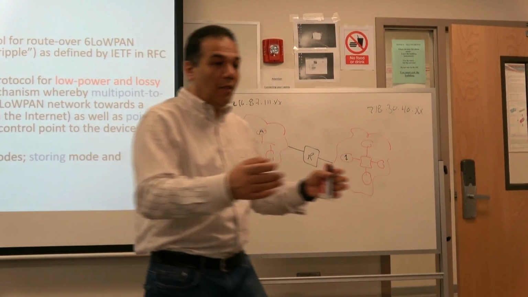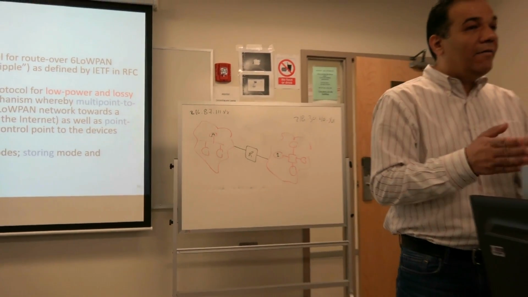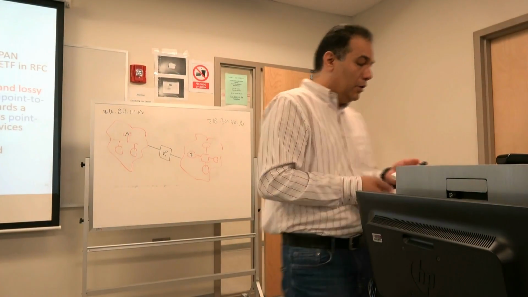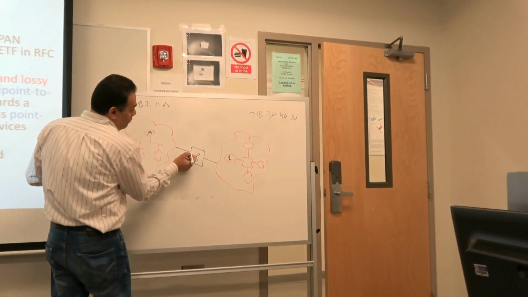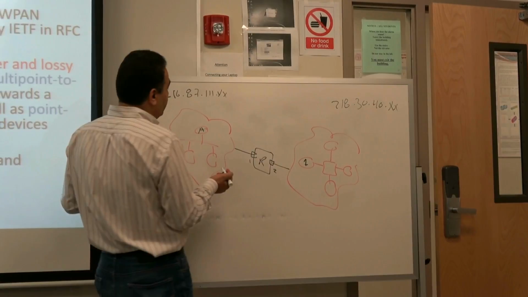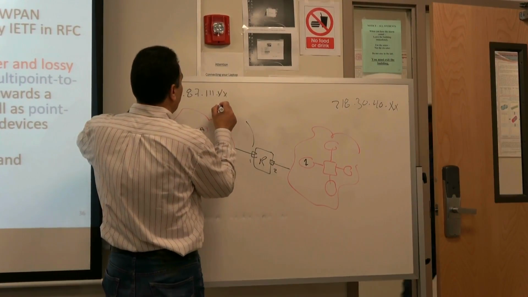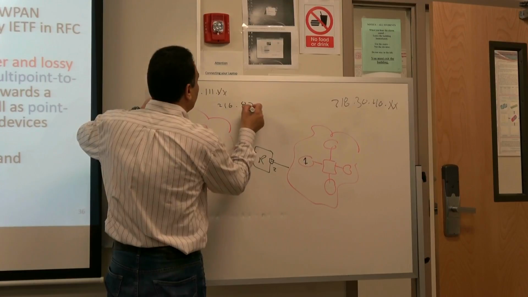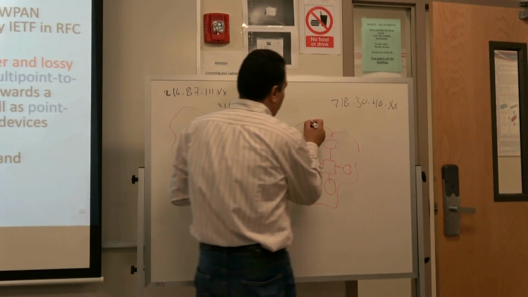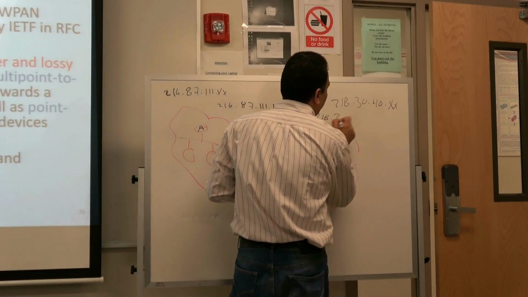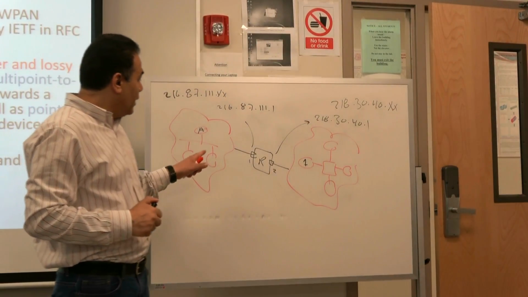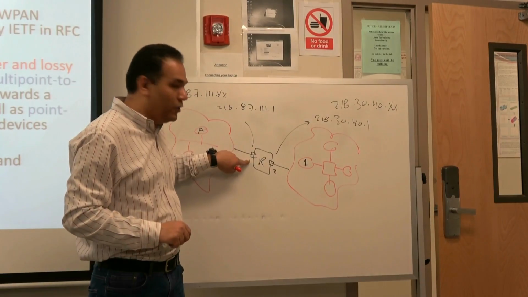So router is a multi-homed device. You could make this computer a router by having two Ethernet cards. If you give Ethernet card 1 and Ethernet card 2 their interfaces, for example 216.87.111.1 for one and 218.30.40.1 for the other, then this node will be able to communicate with this interface.